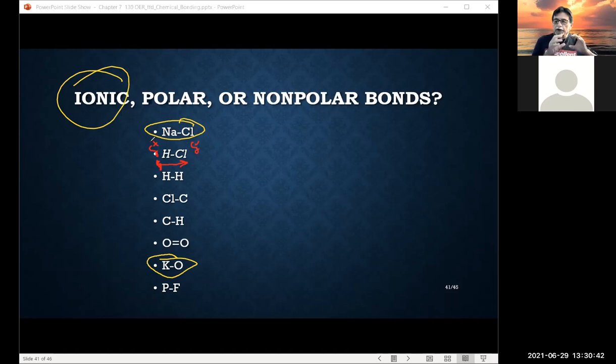Here's an important concept to remember. Ionic compounds, when we place them in water, will dissociate, they break up. Think of it as two magnets sitting right here. With an ionic bond, they come together and attract each other, and that's the electrostatic attraction.